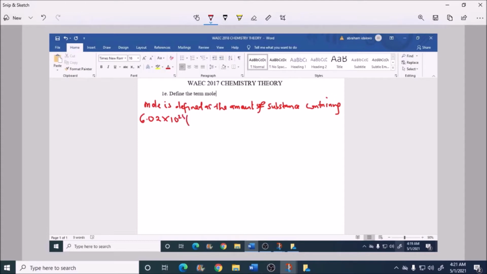Then don't forget that this one is Avogadro's constant.